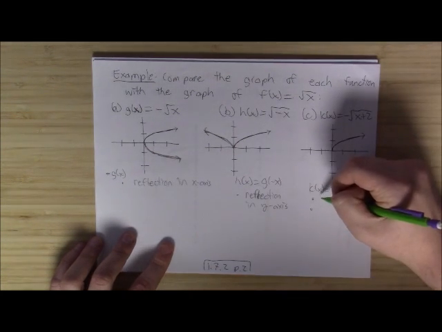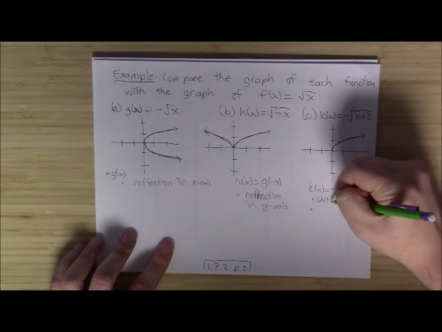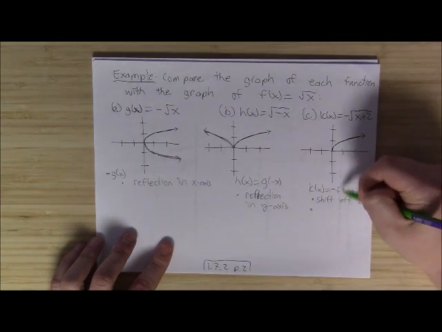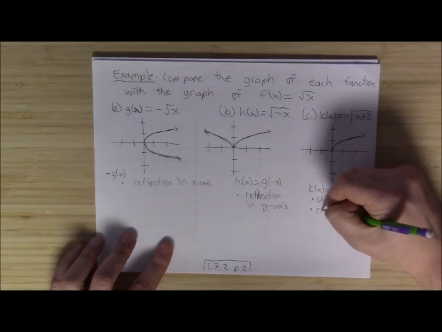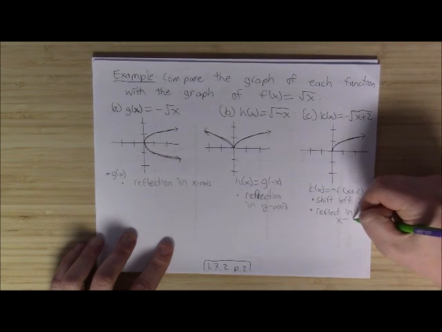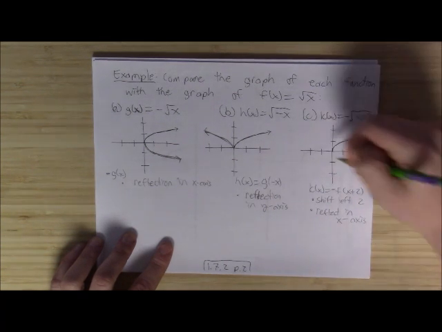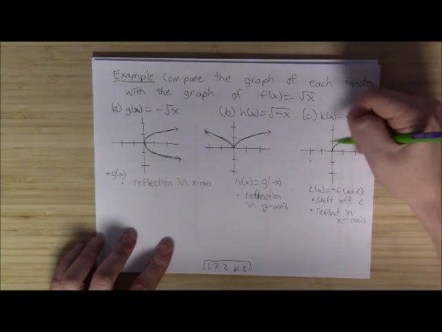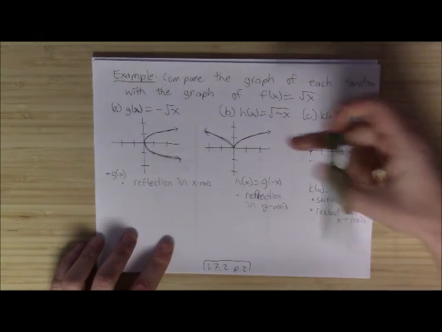That would be a shift left 2. And then we also reflect in the x-axis. So when we do that, we shift it left by 2, and then we reflect in the x-axis. So that point gets moved there.